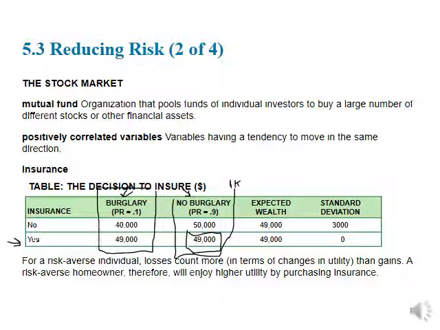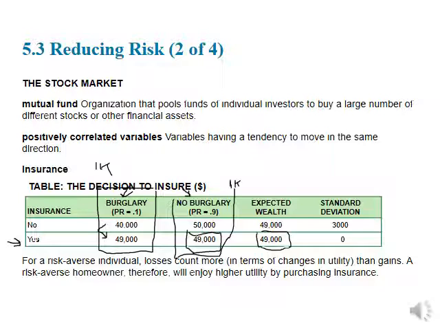If there is a burglary, you're paying $1,000 to the insurance company, but they're refunding that $10,000 that the burglar steals from you. So in both cases, you have $49,000. And it's not even an expectation, it's a realized wealth.